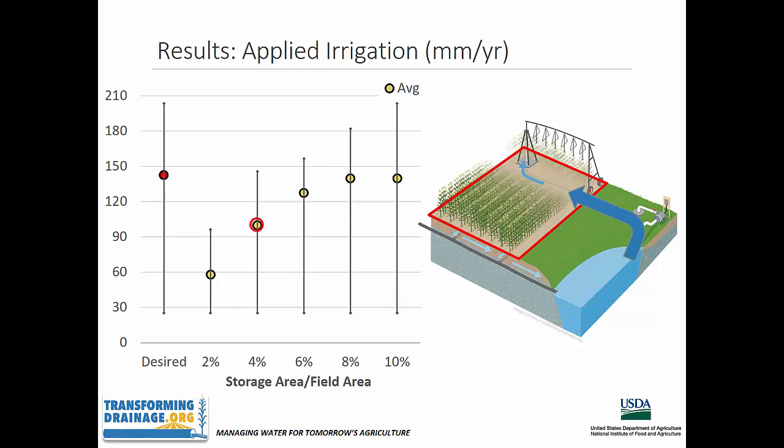At 4% storage area, we estimated that the average applied irrigation would not be able to meet the average desired irrigation volumes at DPAC. However, this would be met given a storage area representing 8% of the field area. And at 10% storage area, we estimated the ability to meet the full range of irrigation demand at the site.